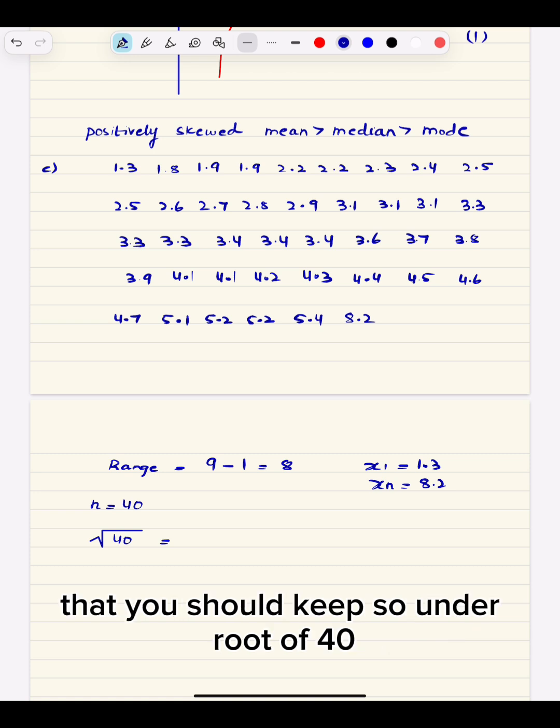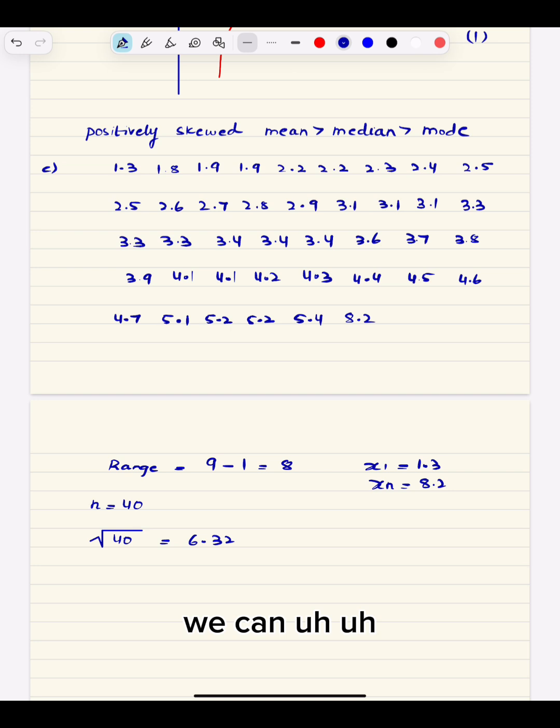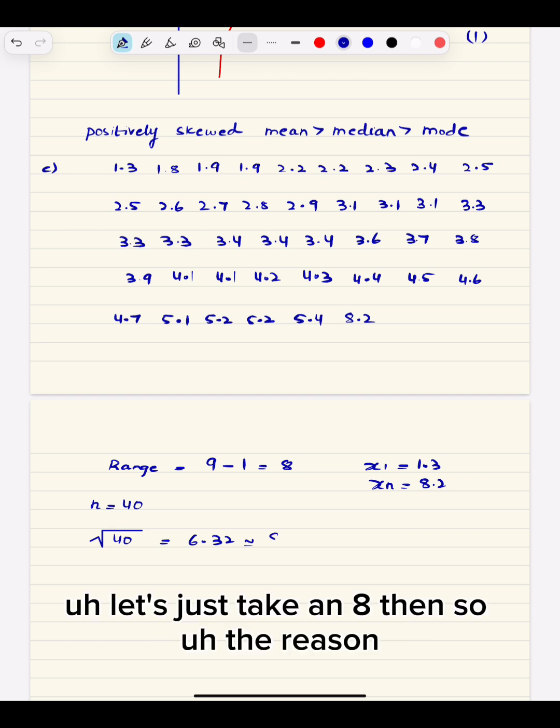So the square root of 40, my calculator says, is 6.32. So we can take this as a 7. Actually 7 would be difficult. Let's just take an 8 then.